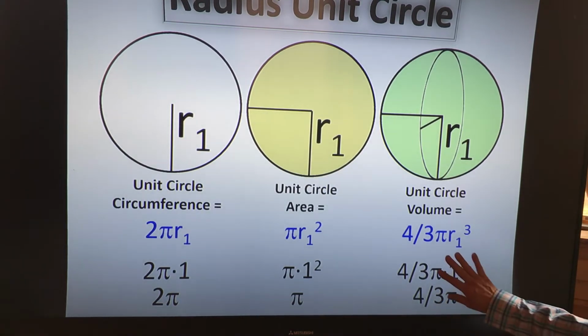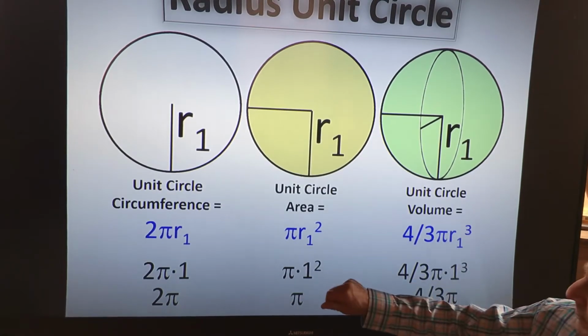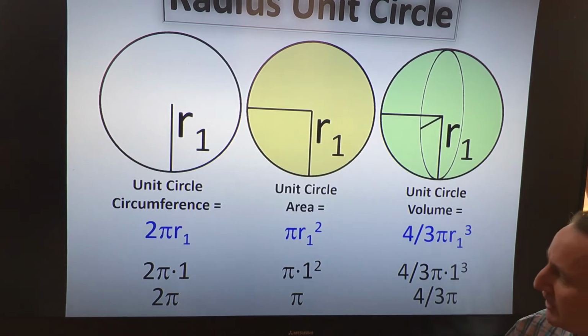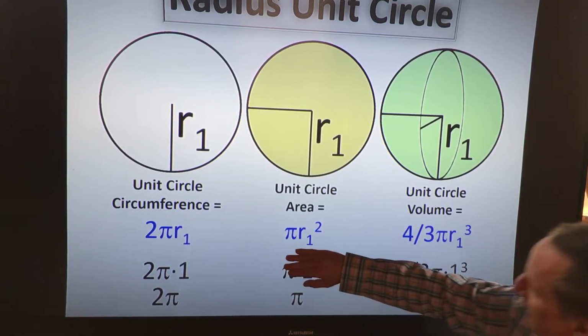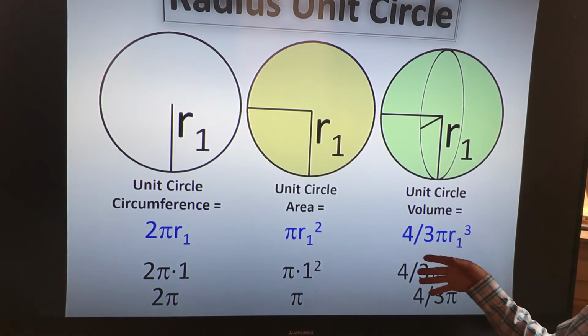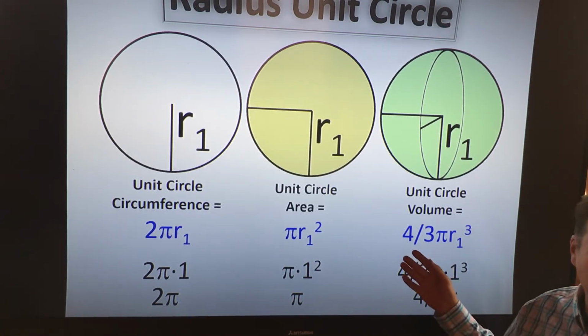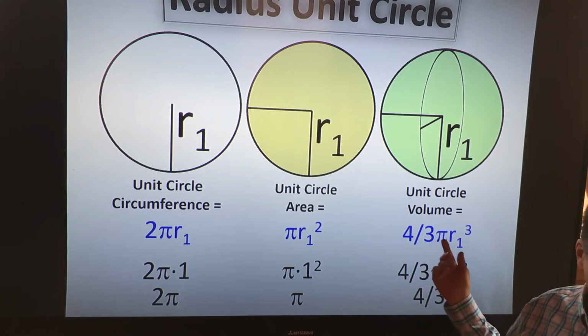So that's how you end up with the knowledge that we all learned as kids. You've got the 2 pi r circle, and then pi r squared is the area, and 4/3 pi r cubed. And you ever wonder, 4/3, why?